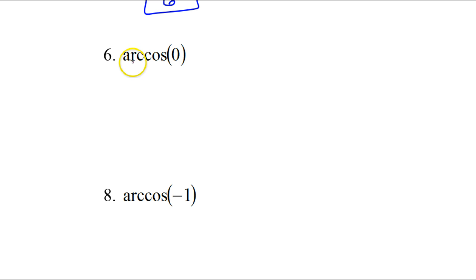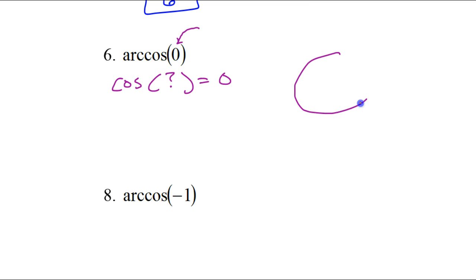So when we say the arc cosine of 0, this is an angle. It's the angle whose cosine is 0. In other words, you should be asking yourself the cosine of what angle is equal to 0. Now if you picture the unit circle, okay, here's my unit circle. Cosine on the unit circle is an x value.